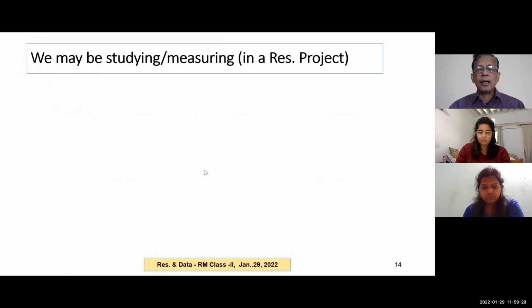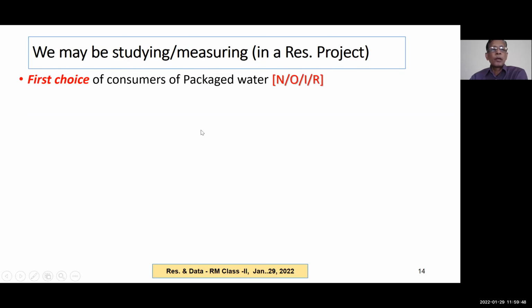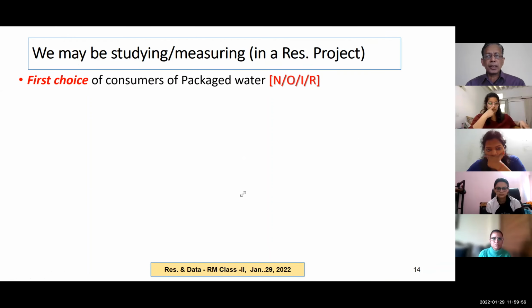Now, all of you, please participate. Look to the screen. This could be part of our own research project, be it for this RM course, or for your doctoral research, or for your research paper writing. There, one construct could be, what is the preference? What is the first choice, first preference? All of you mark the wording.